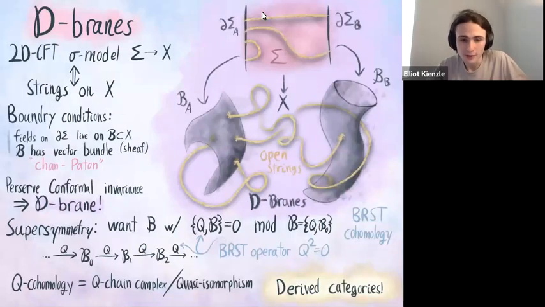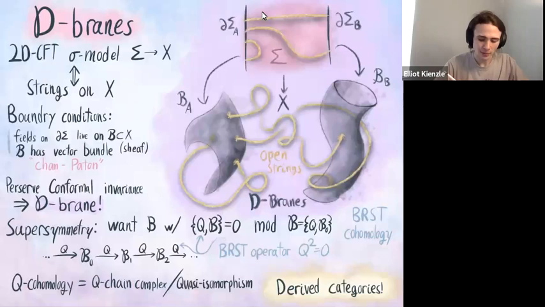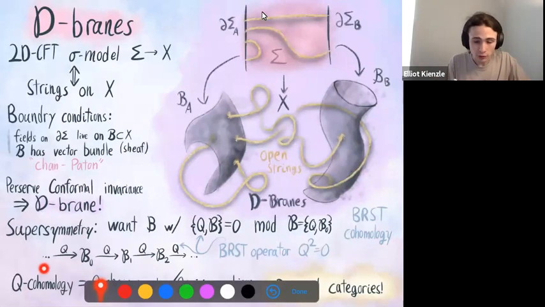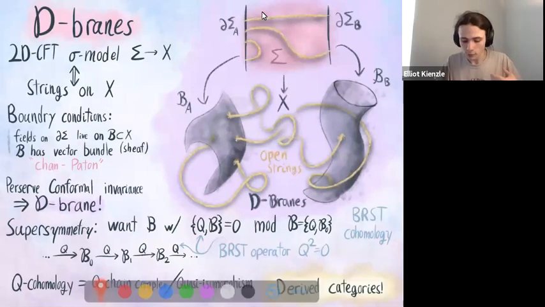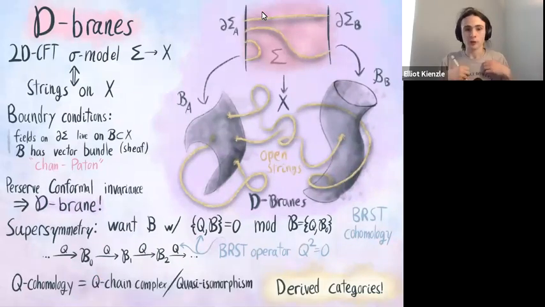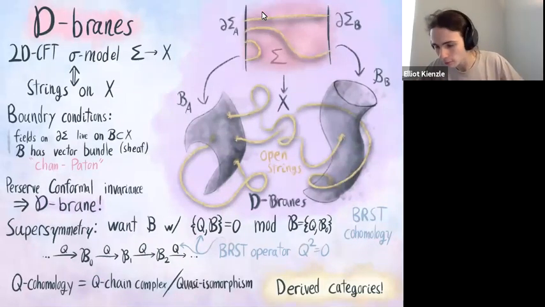Now, let's look at this from a different perspective instead. We can think about the cohomology, but instead we can think about the actual chain complex associated to it. So instead of the cohomology, we consider the chain complex modulo what's called quasi-isomorphism, basically isomorphisms of the chain complex that preserve cohomology groups.